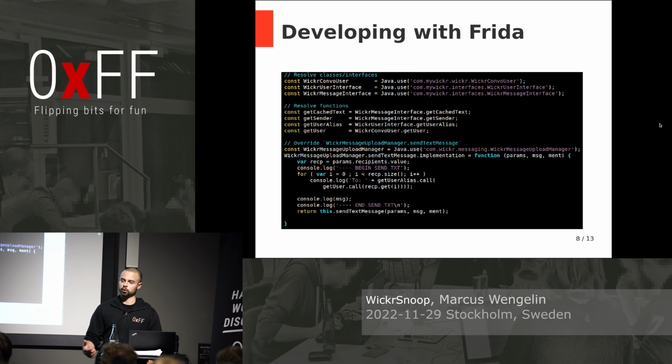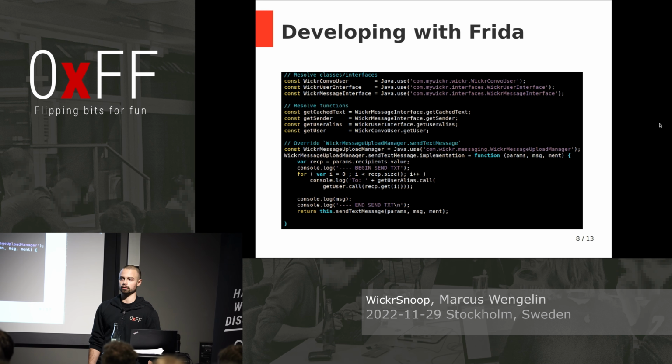So it's not super trivial, and Frida can really help in this sort of work. This script will do what I stated that I intended to do. It will dump the message contents, the sender, and the recipients. But of course you need Frida, you need a USB cable, and the device needs to be rooted.